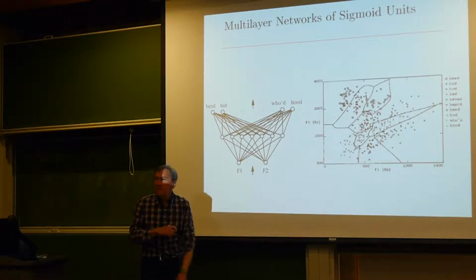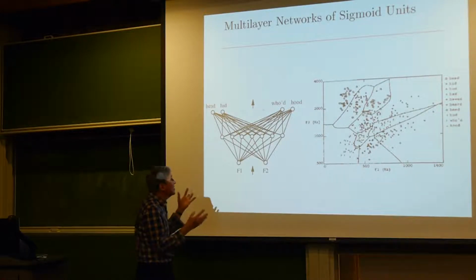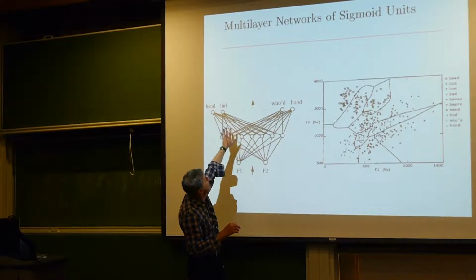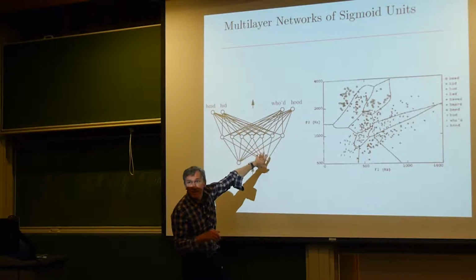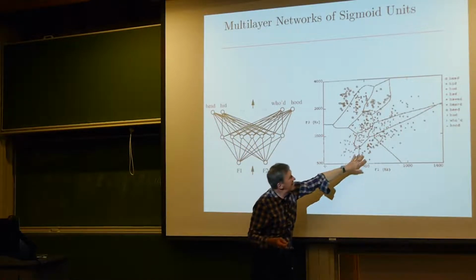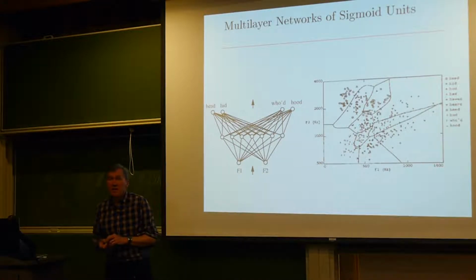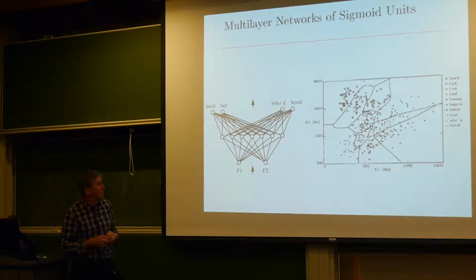But I like this example because it captures very succinctly what a multi-layer network of sigmoid units, logistic is a synonym for sigmoid units, is, and the very interesting nonlinear classifiers that can be learned using these things.